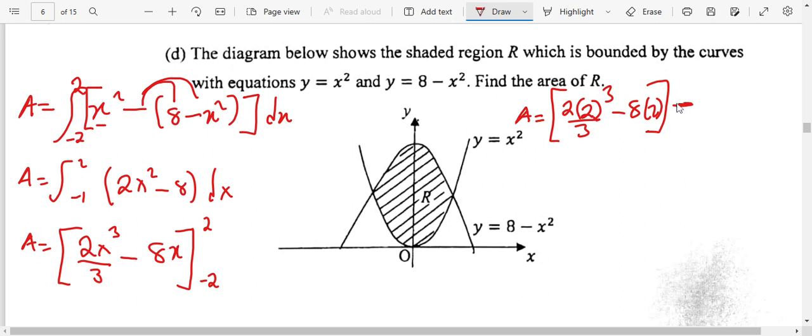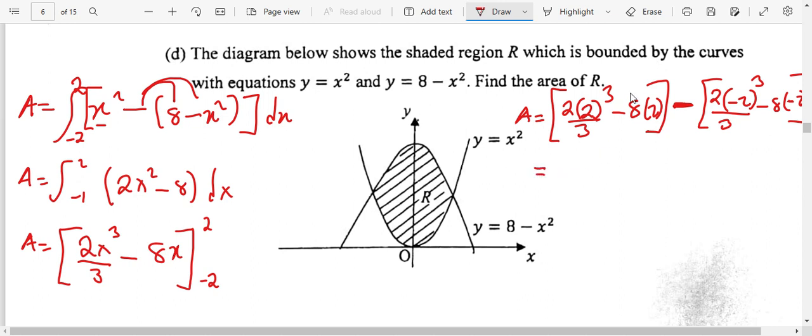Okay, and then always subtract as long as you have got a definite integral. And then I'll write it again, 2, but where there is x, I'm going to put the lower limit, which was negative 2 to the power 3 over 3 minus 8 multiplied by negative 2.